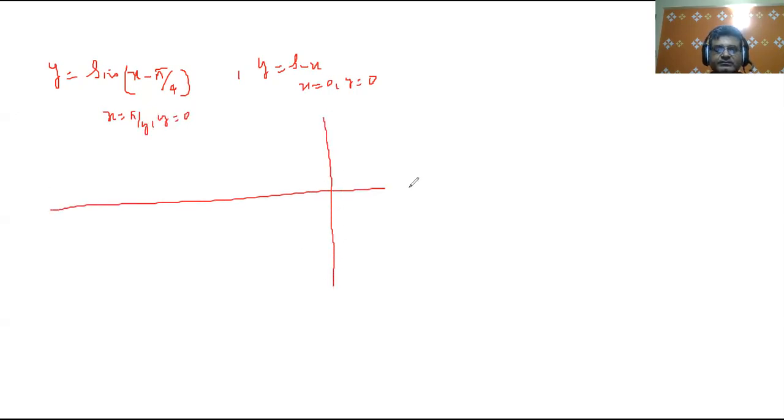just see, we will represent everything in terms of pi by 4.